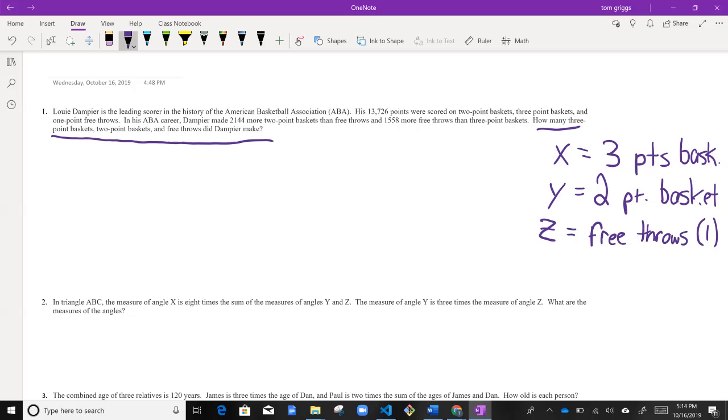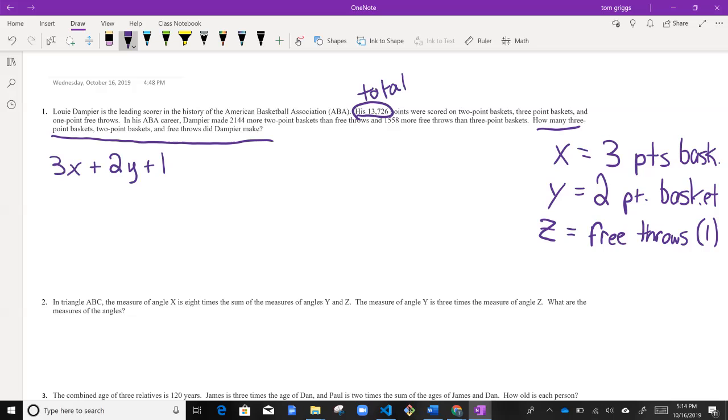And that happens right off the bat because they tell us Dampier scored a total, or a sum, of 13,726 points in his career. So that means in this problem, every X is worth 3 points. So we're going to add 3X to 2Y, because every Y is worth 2 points.